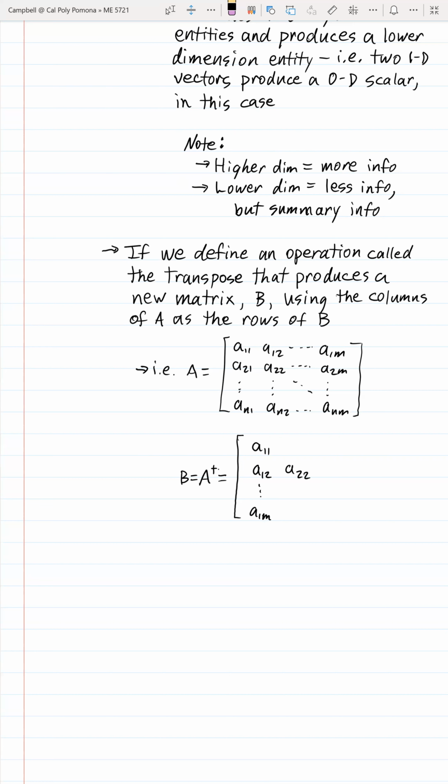And then, of course, we would have A21, and then we would go all the way down to A2M, and then all the way across to AN1, AN2, and then all the way through to ANM. And that would be the transpose. So we can see that the transpose is clearly going to impact the off diagonal terms.